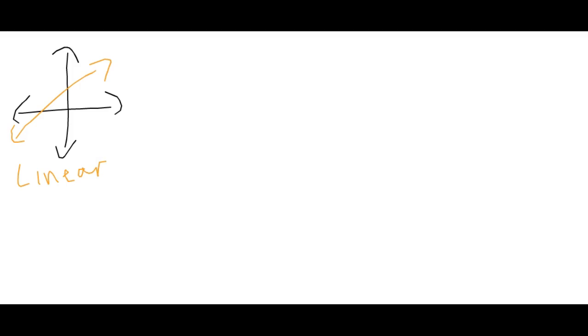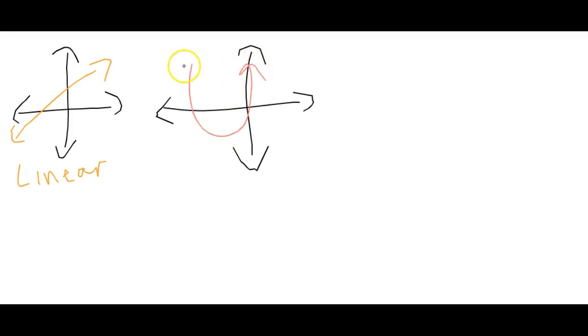There are certain names for the types of graphs you can see. So when you have a straight line, this is called a linear function. When you have a U shape, and this could face up or it could face down, it doesn't matter, this is called a quadratic or a parabola.